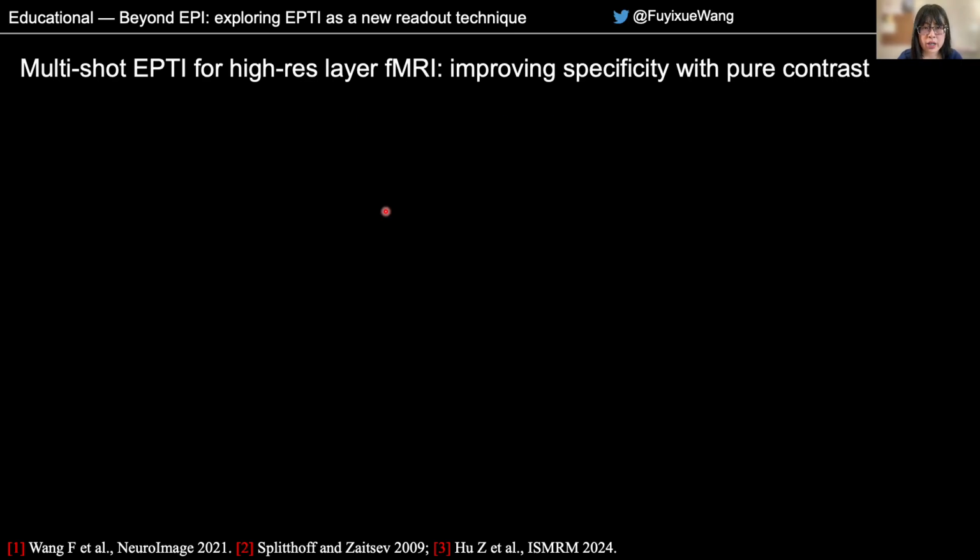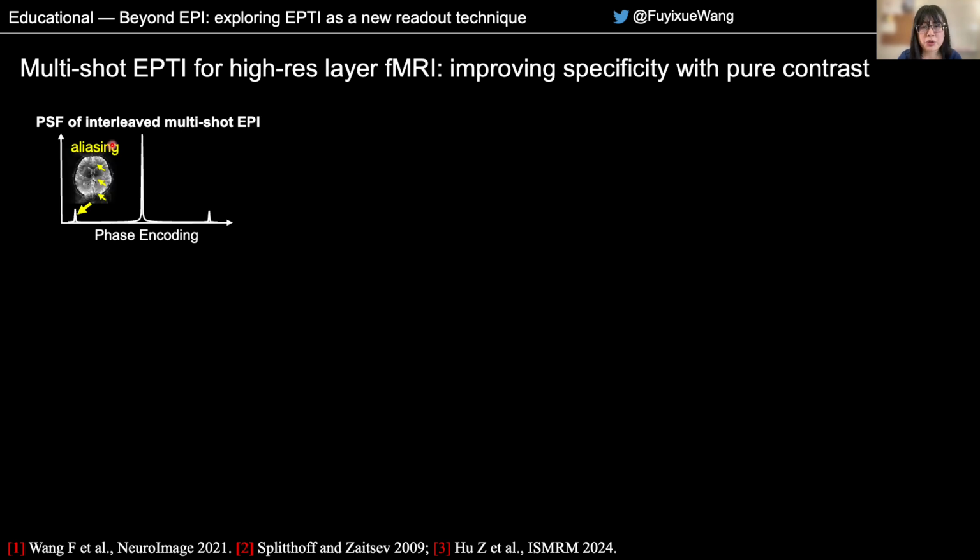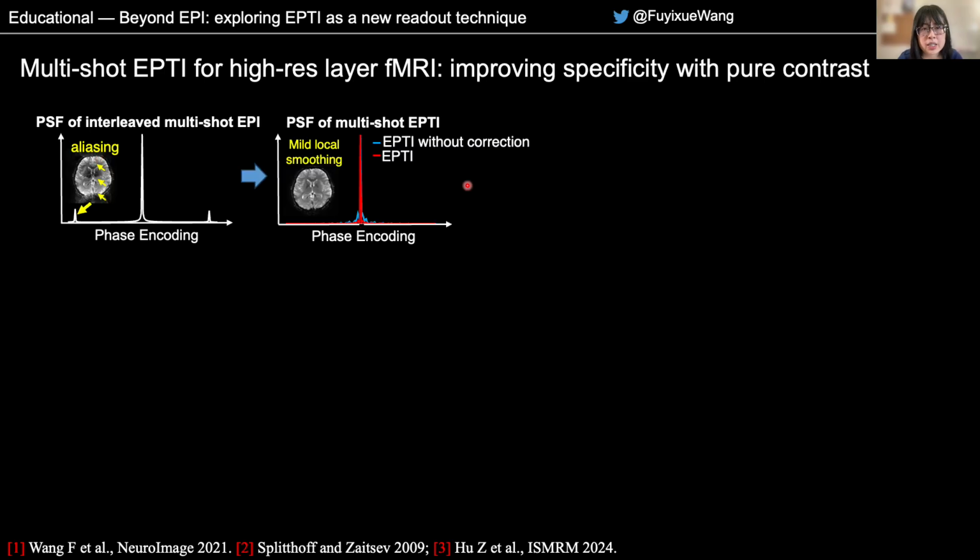The strong B0 fluctuations will also cause shot-to-shot phase variations, very common in multi-shot acquisition, especially at ultra-high field. And in conventional interleaved multi-shot EPI, this introduces aliasing artifact. In EPTI, because of its segmented encoding, it will only cause mild local smoothing, and phase correction can mitigate this effect, as well as the dynamic changes of this effect.